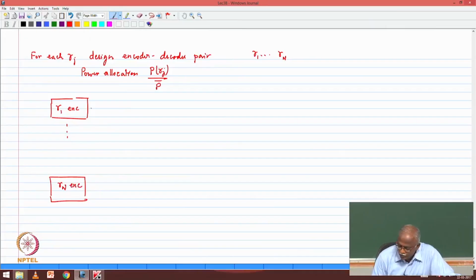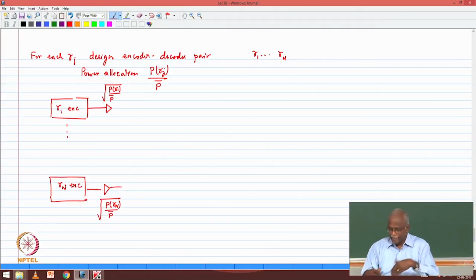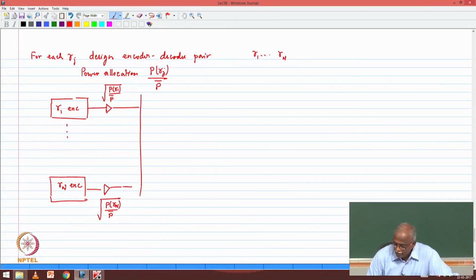Okay. Each of these will get power allocation, and that power allocation, when you look at it in terms of amplitude, this will be square root of P of gamma 1 divided by P bar. This will be square root of P of gamma n divided by P bar. That's an amplitude scaling. When you take the power, you will get the appropriate SNR scaling. And here we have just a multiplexing switch.